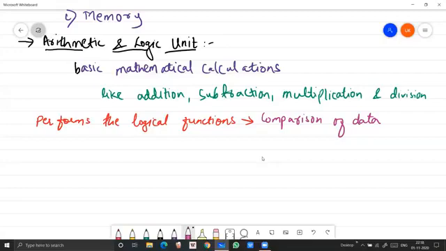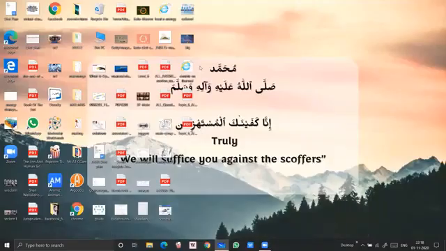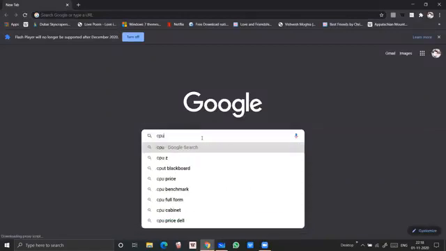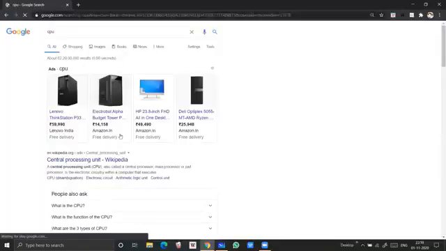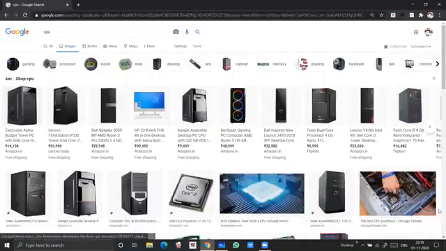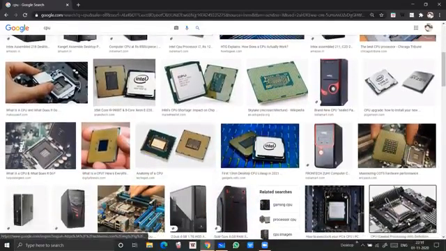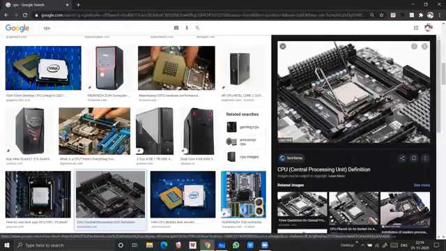We'll just try to see the internal view of CPU. This is the internal view of the CPU.